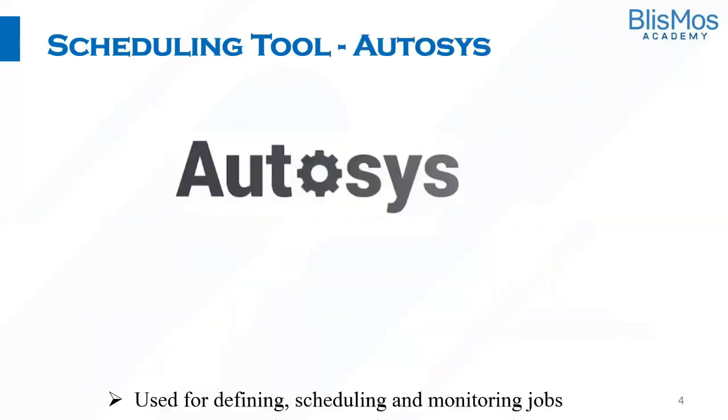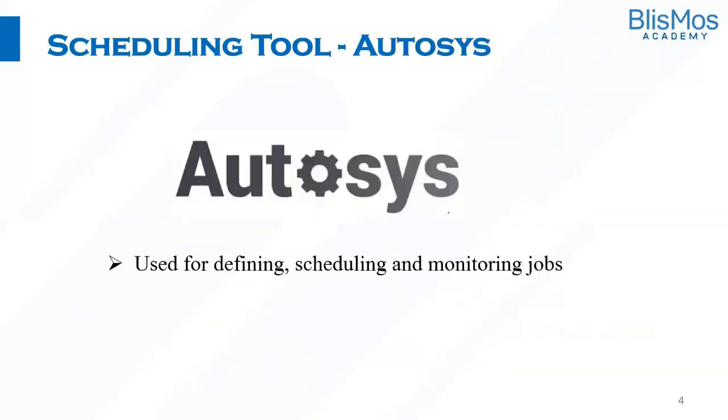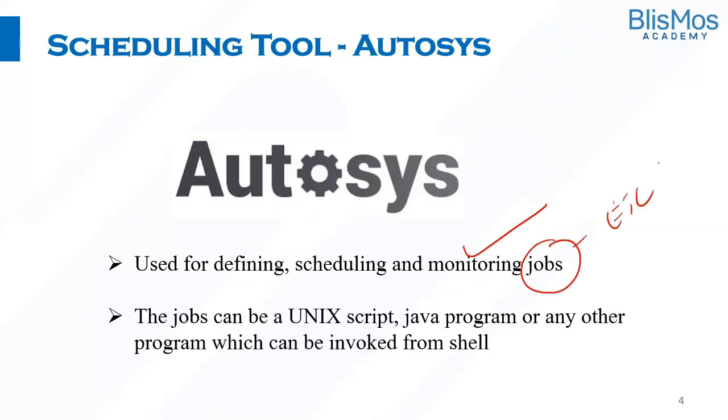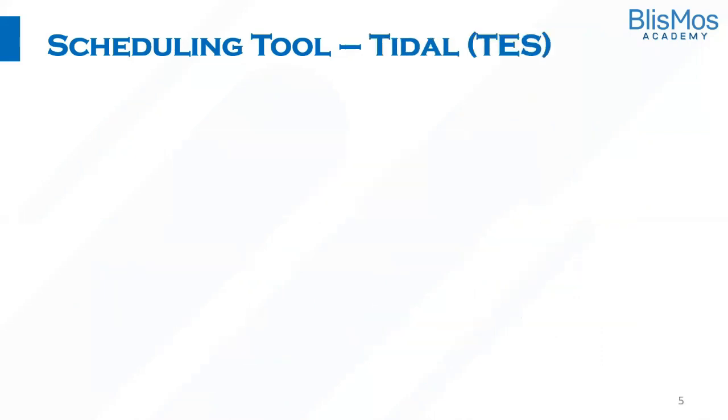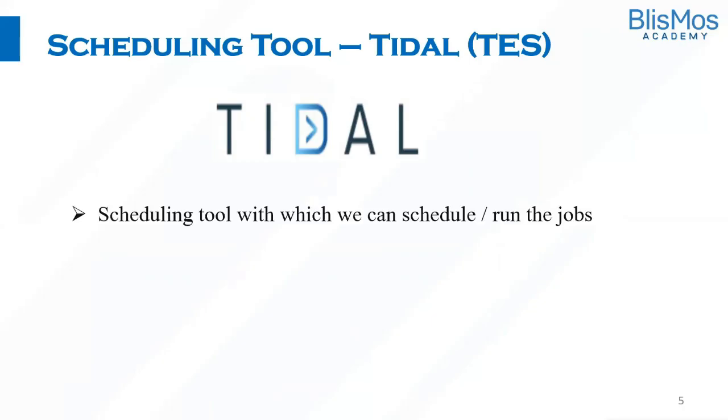If you look at AutoSys, it is used for defining, scheduling, and monitoring jobs. Jobs here are ETL jobs. They can be a Unix script, a Java program, or any other program which can be invoked from the shell. We do have Tidal, TES. What is TES? Tidal Enterprise Scheduler. Tidal is a scheduling tool with which we can schedule or run jobs.